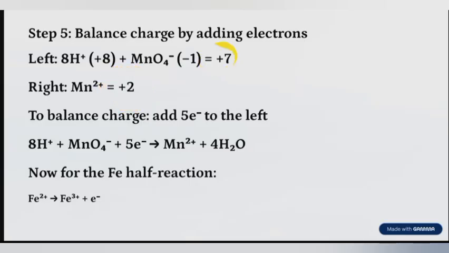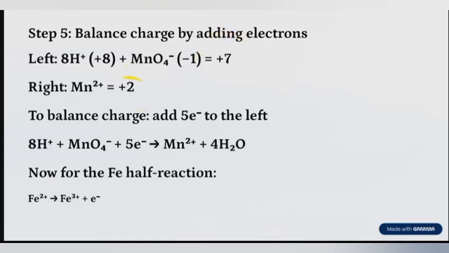Left-hand side has 7, which is bigger than 2. So how many would you add to 2 that would make it up to 7? 5. Because it is 5, that is the number of electrons you add, because your aim is to reduce the number of electrons.